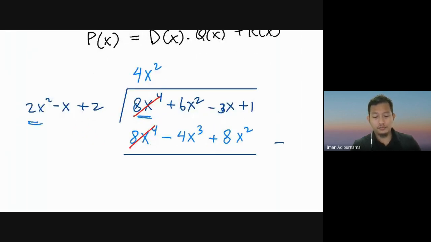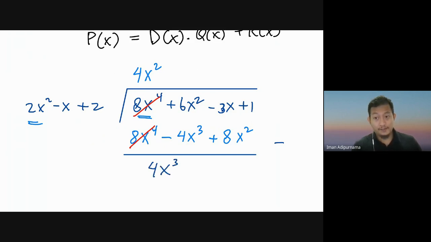Now, something where you may make a mistake: you have this cube, and you don't see any cube at the top, but that's okay. You can start with 0x cubed. So 0 minus minus 4x cubed gives a positive 4x cubed.